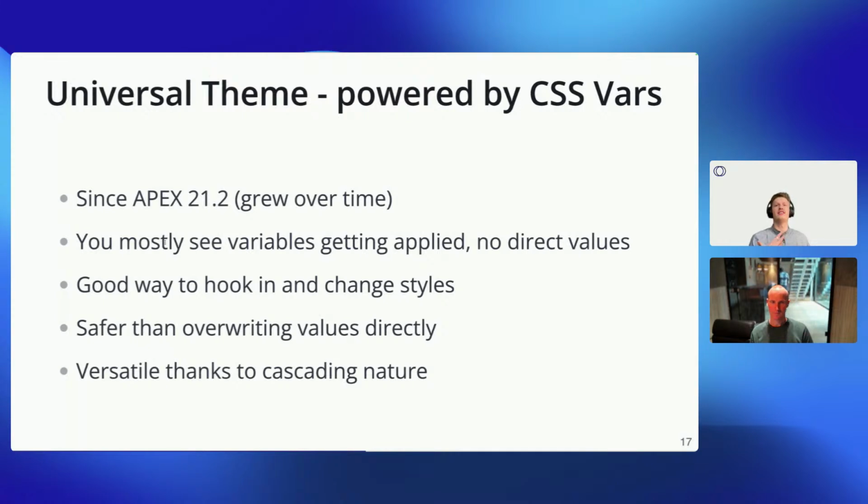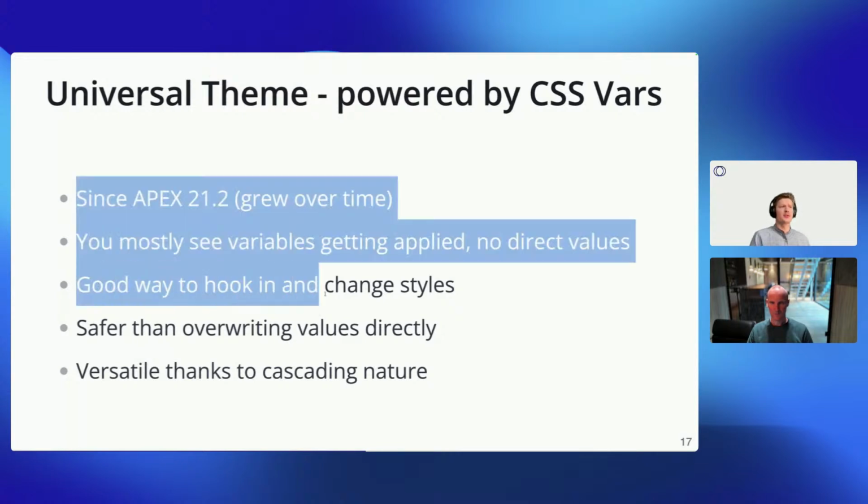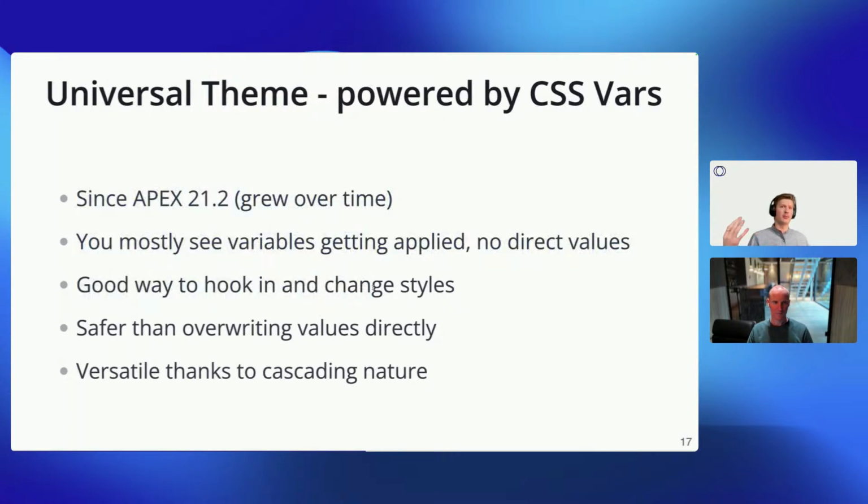You see variables getting applied to things, and yeah, this is good. Also this is a good way to hook in, so we can modify and change things in a safer fashion. I will talk about this more later. And also pretty versatile thanks to the cascading nature. You don't have to override everything. You can only do it for one region, for example, as I showed you before, by just choosing your selector, right?